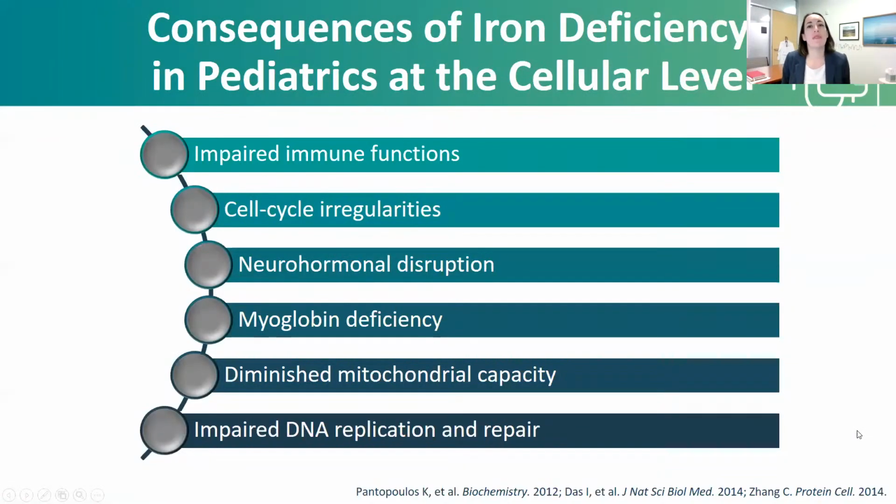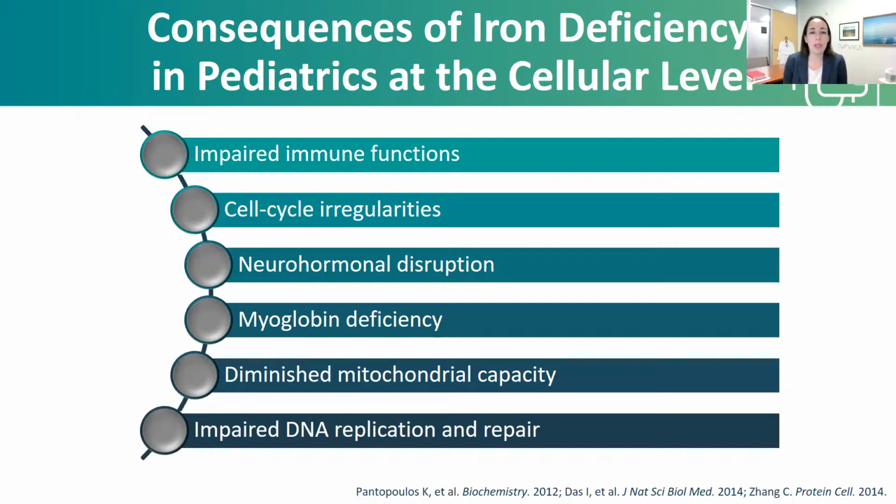So what are the consequences of iron deficiency? Well, there are cellular effects and then more patient symptom presentations. At the cellular level, there are impaired immune functions. There have been studies that show that in infants and young children, they have a poor immune response to vaccines. If they're iron deficient, they just don't mount the same antibody production. There are cell cycle irregularities.